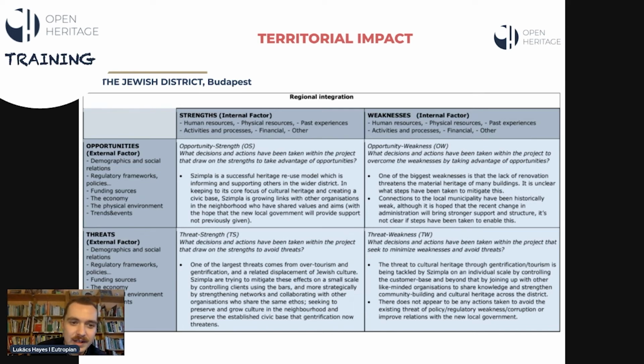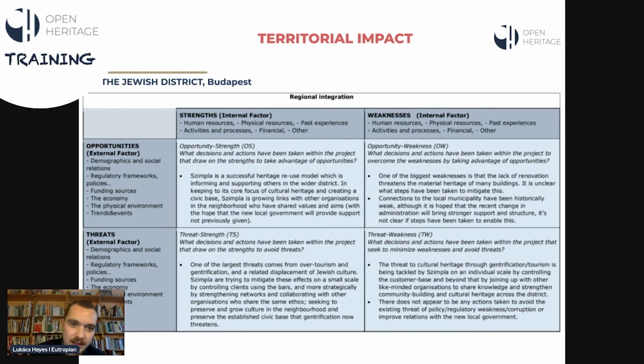And they basically looked at these aspects, and found that related to Simpla, when internal and external strengths and opportunities came together, Simpla could become this driving force of cultural and civic revitalization of the area.